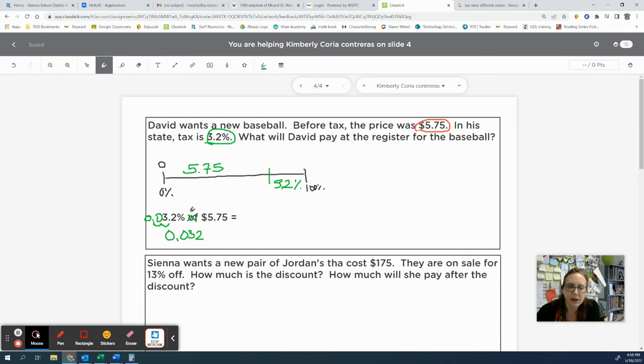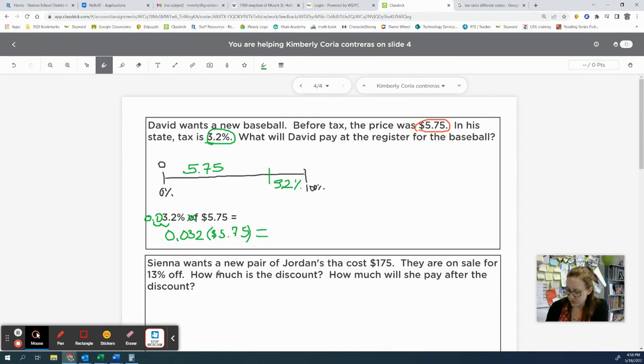I'm not crossing that out. I'm turning it into a multiplication symbol. And we're going to multiply it by 5.75. So when David goes up to the cash register, David is going to have to pay some extra money. And what is that extra money?